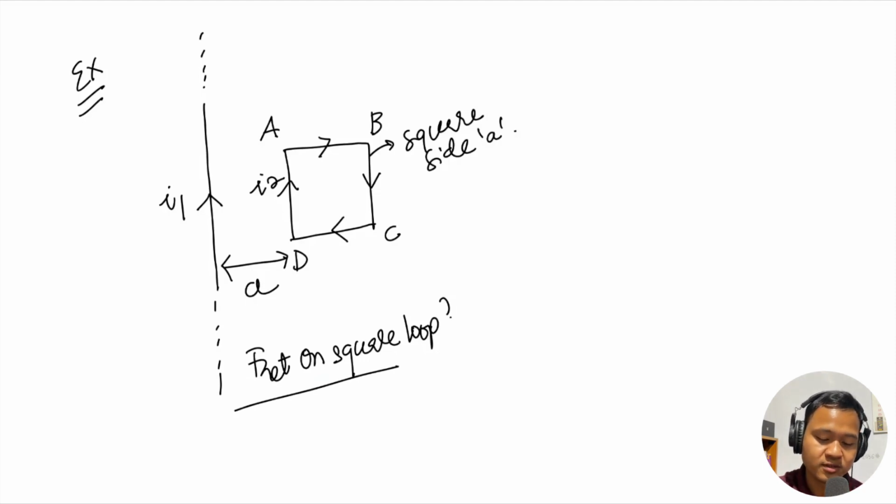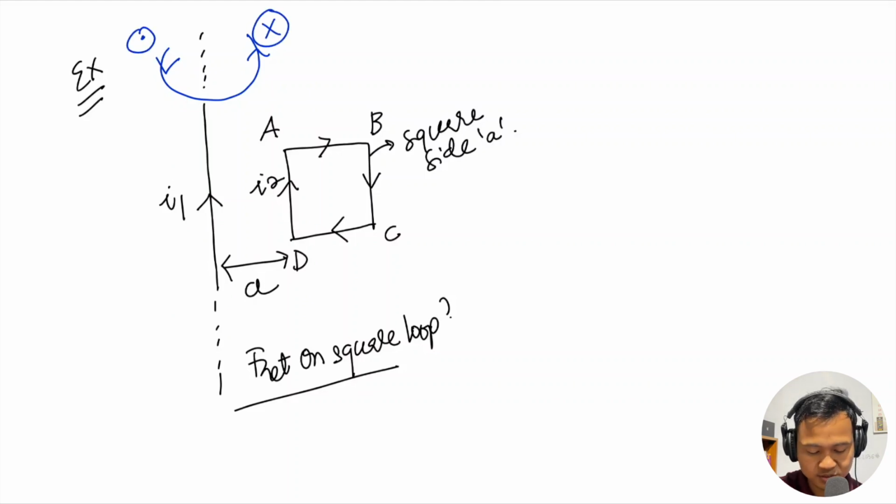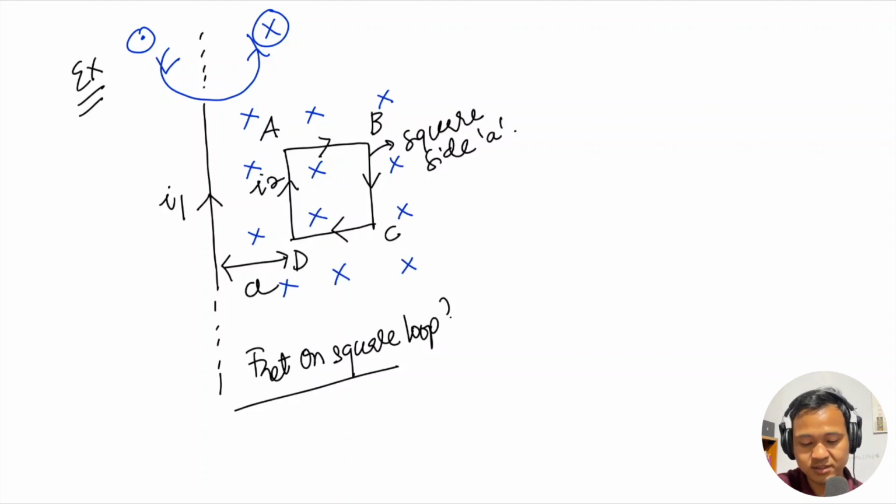So I can break this square into 4 smaller wires: AB, BC, CD, DA. The magnetic field due to the infinite wire is like this: into the plane on one side and out of the plane on the other.